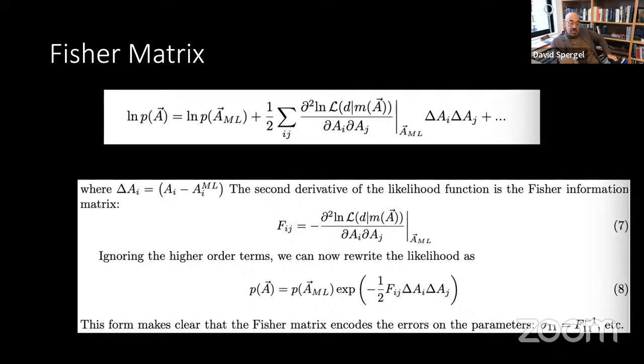And think about now taking that Gaussian and simplifying this so that we have a model with only one parameter, so that that exponential is the exponential of -1/2 F11 delta A1 squared. And then the uncertainty in a parameter is the inverse of F11. So you can see our Fisher matrix describes the uncertainties in parameters and the correlations between parameters.